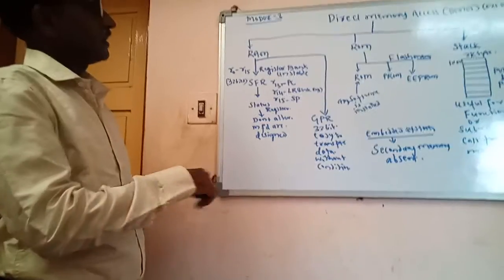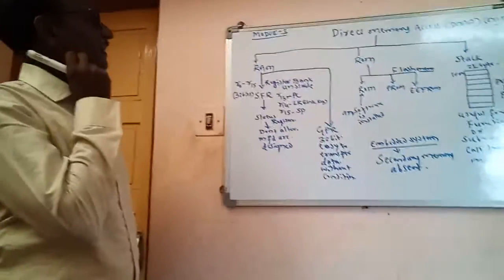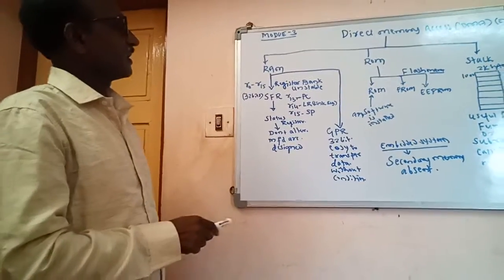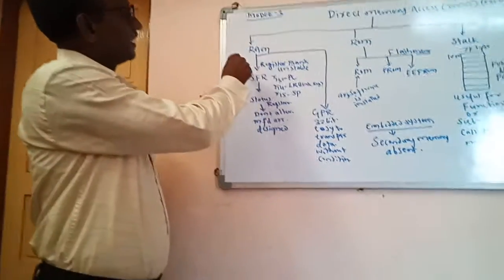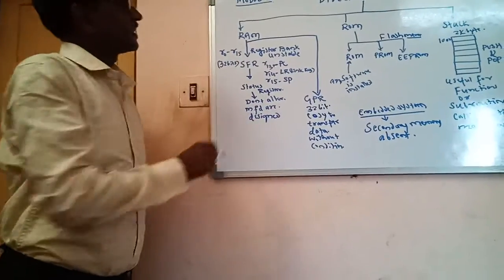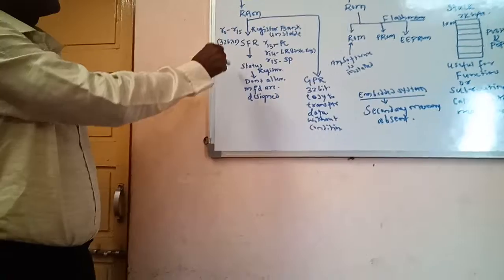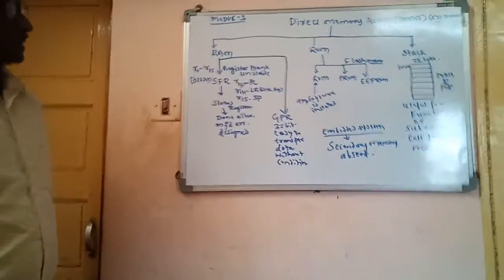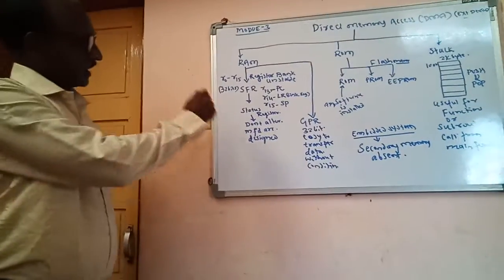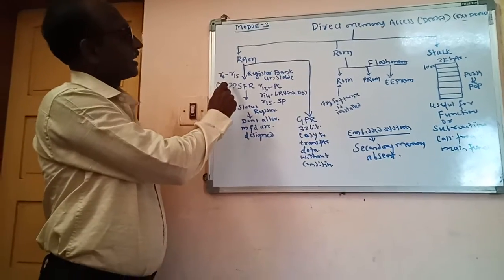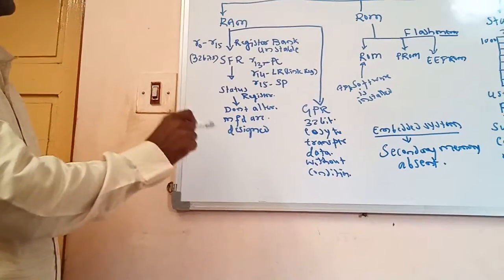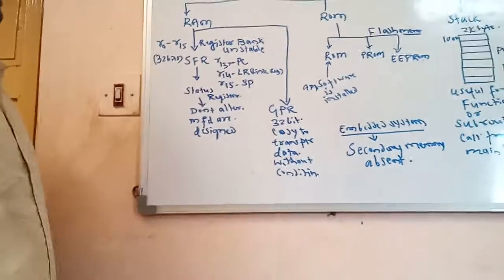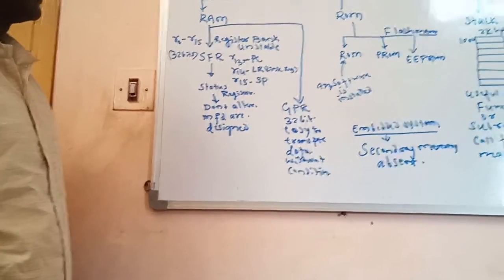You can transfer and take information from one register to another, but there are some special function registers. Total R0 to R15 are general purpose, but some specific function registers exist. What are those registers? R13 is the program counter.